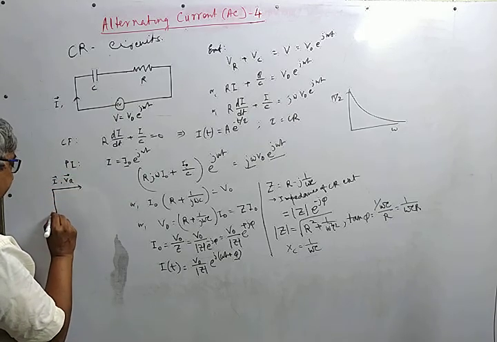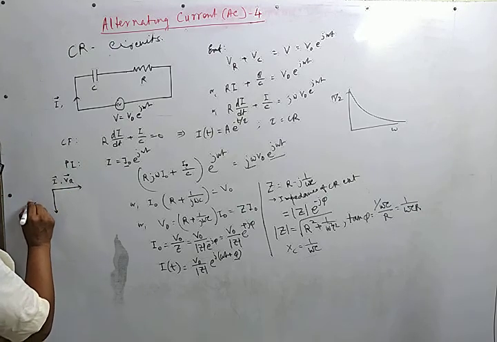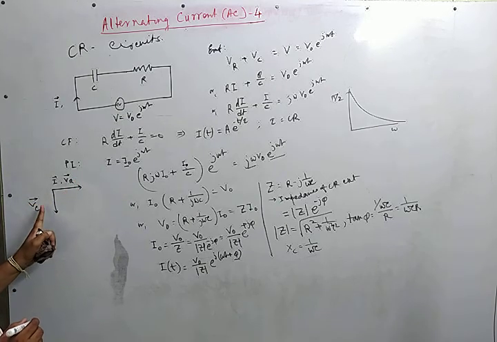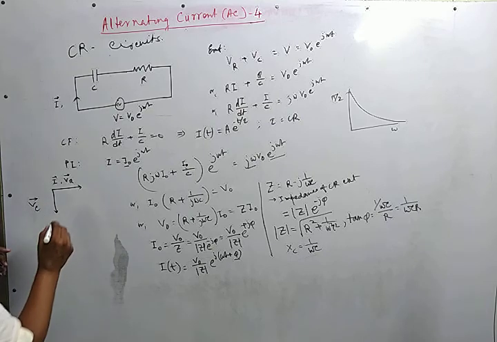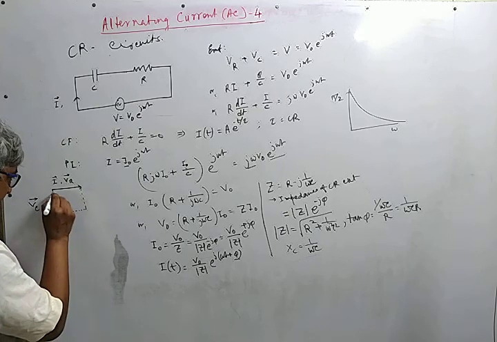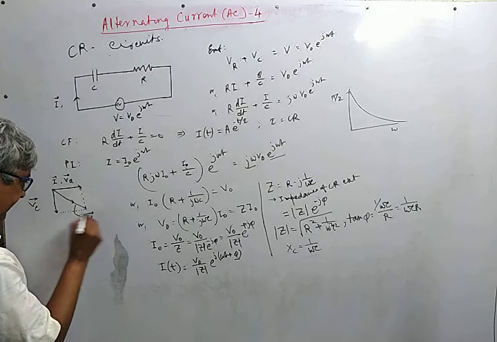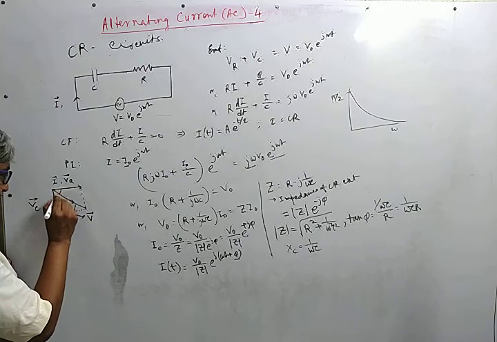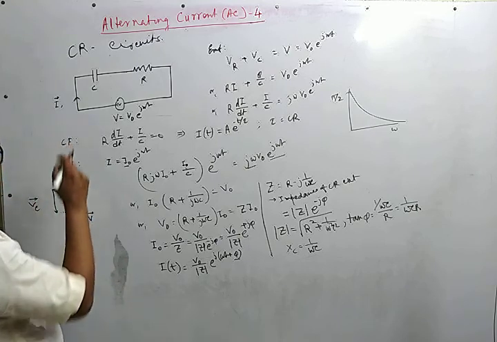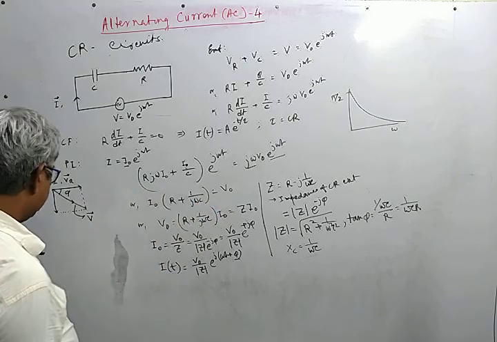VC lags behind the current, so this is the VC phasor. This is R times I, and its magnitude is Xc times I. So this is the applied voltage V phasor, and this is the I phasor. This angle is phi. So the current in the series circuit leads over the applied voltage by a phase angle phi.